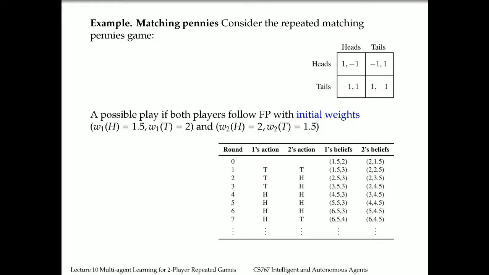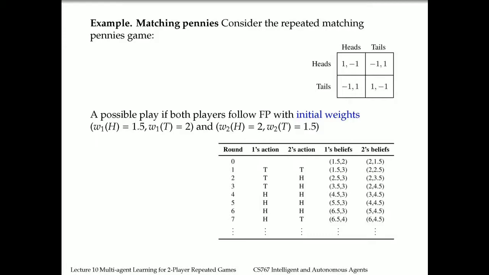So according to player 1's belief, player 2 would more likely play tails than heads, right? Because tails has a weight of 2, whereas heads has a weight of 1.5.